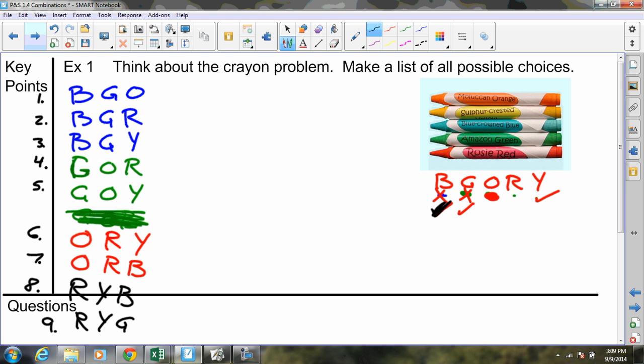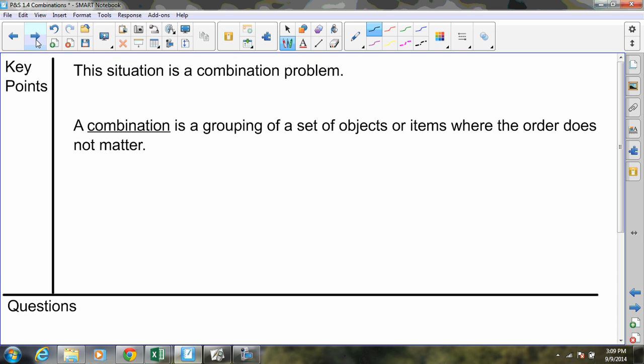Right now, we're able to figure out 9 answers. Are we supposed to have more? That's what we can actually do. Since this is a combination problem, and I want to point out again, a combination is a grouping of objects where the order does not matter.